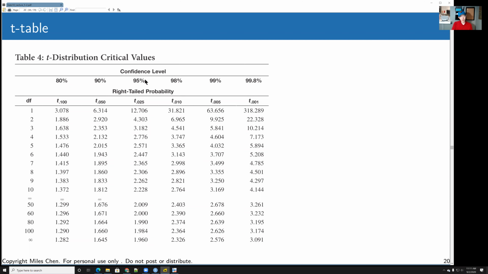Okay, and you can also see the other thing: so far I've been talking about a 95% confidence interval, but the same ideas that we had for confidence intervals when we were talking about proportions apply here. And so if you want to increase your level of confidence, if you want to be more certain that the population parameter falls inside your interval, you just have to make your interval wider, right?